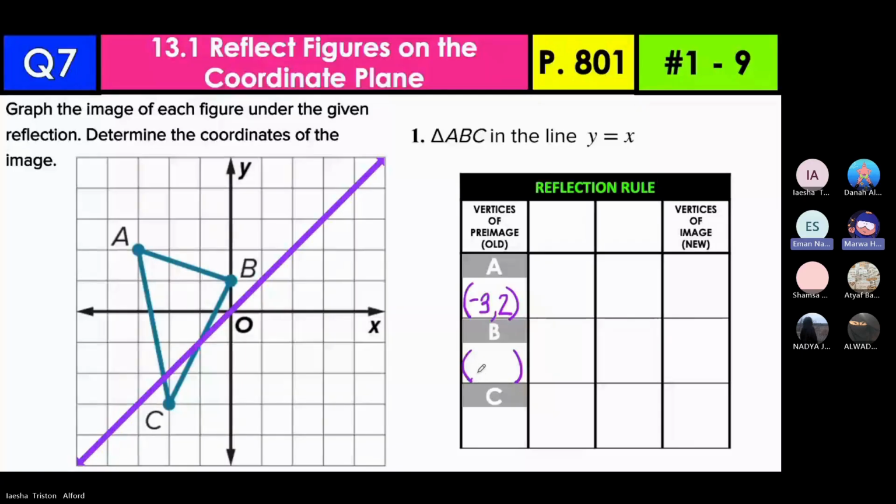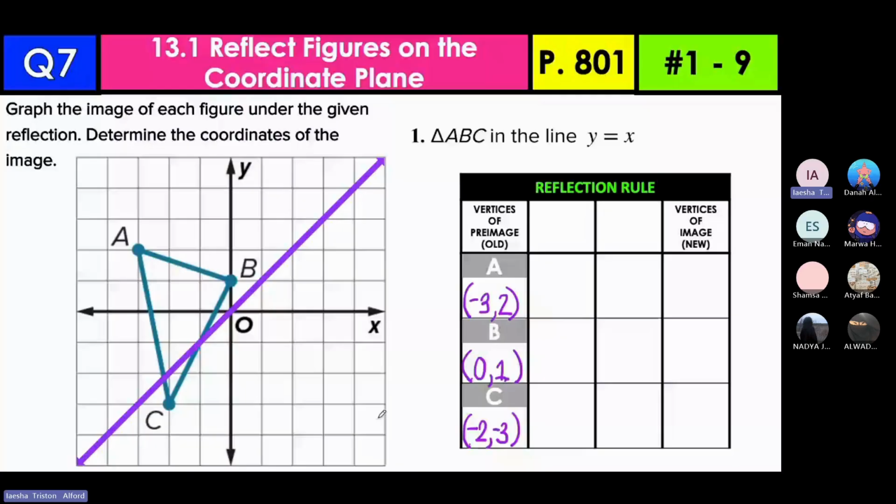You stay on the 0 axis at +1. So you stay at 0, you go up 1. So 0 and +1. Where is C? 2 units left and 3 units down. Fine. So you need to know where they are.